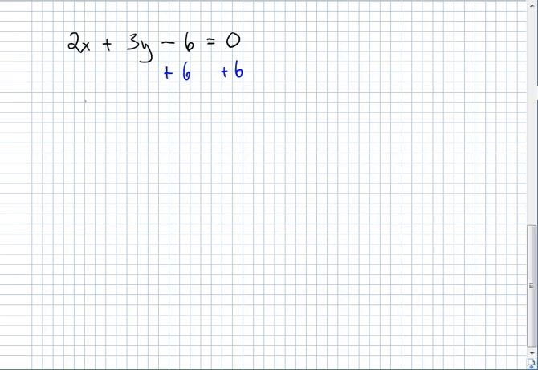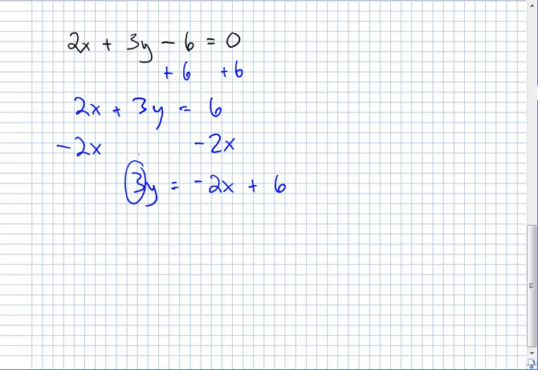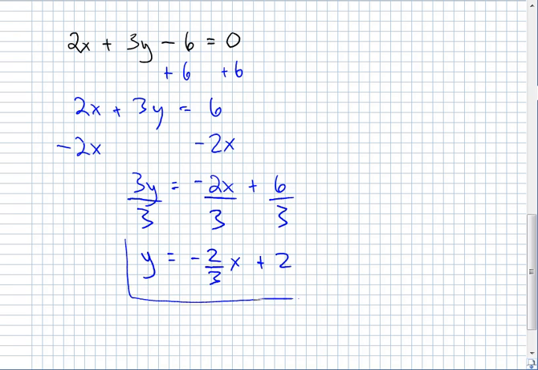So that gives me 2x plus 3y equals 6. And I'm going to subtract 2x from both sides. And we're almost there. It looks like y equals mx plus b, except for this is being multiplied by 3 now. So to undo that, I need to divide everything by 3. Divide everything by 3. And you get your slope-intercept form there just by isolating.